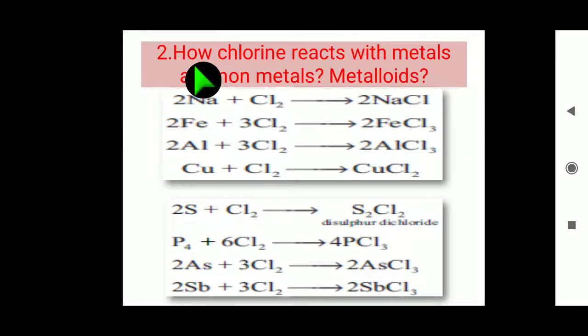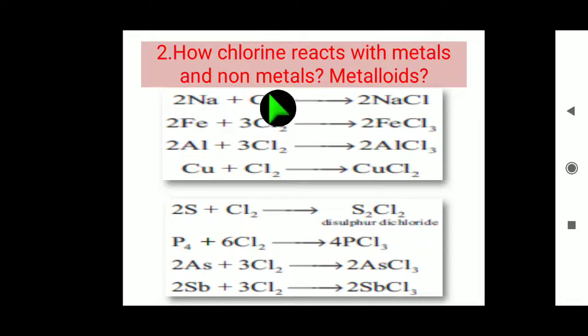Okay. Question number 2. How does chlorine gas react with metal, non-metal and metalloid? We know very well sodium, iron, aluminium, copper. These four are metals.